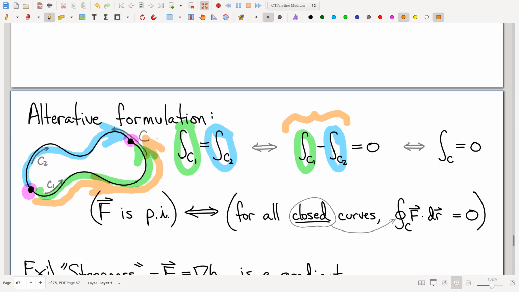This minus sign means what I actually want to do is go backwards along C2. Right now, C2 goes this way, but minus C2, going backwards, means I'm going to go the other way. And now I don't want my picture to not look good at the end, so let me redraw. Like that. Is that cool?